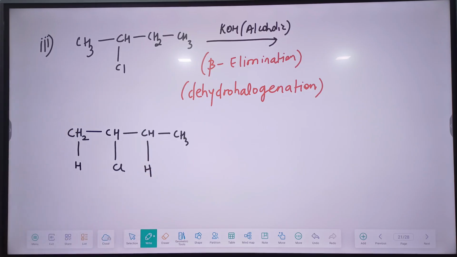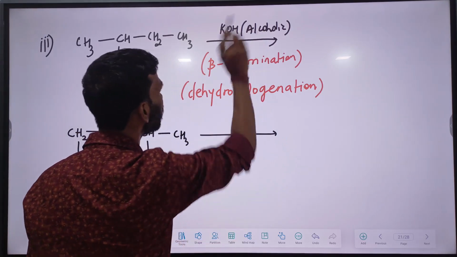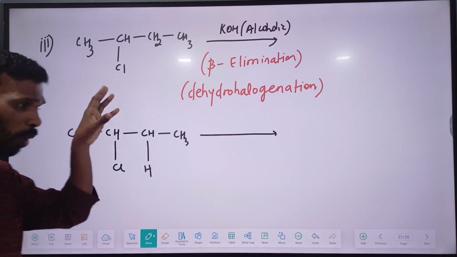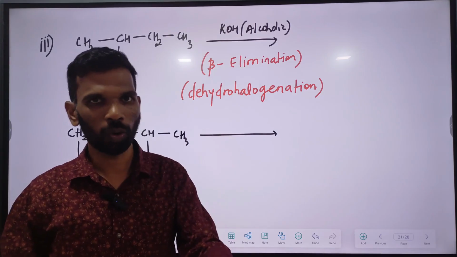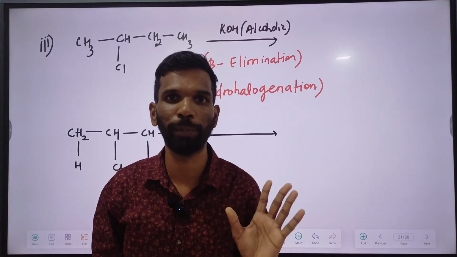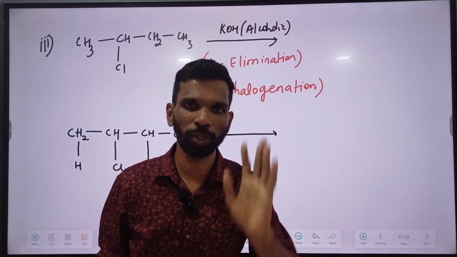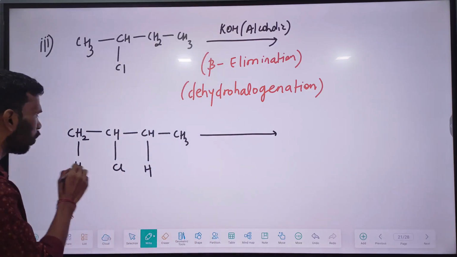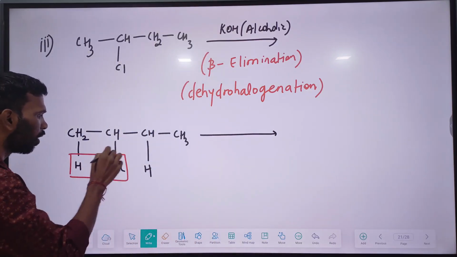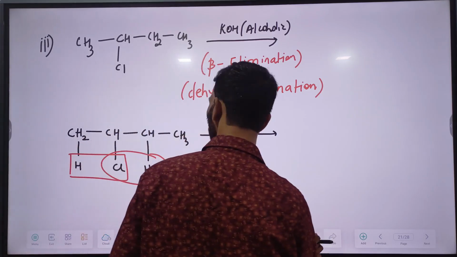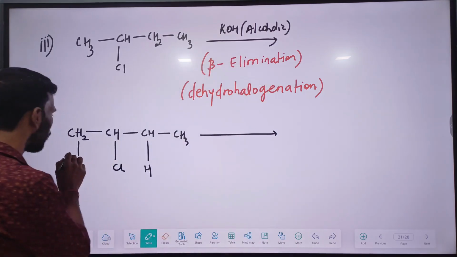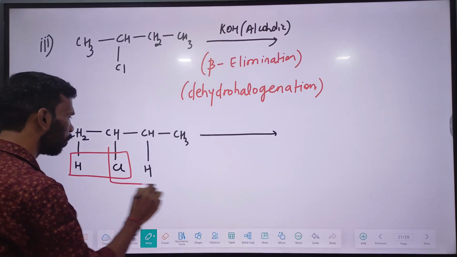Beta elimination. Understand, whenever there is alcoholic KOH or any alkali base like NaOH with alcohol, you have to do elimination. You have to remove hydrogen and chlorine. Now which two sets are you going to remove? You can remove this HCl or you can remove the other HCl. Either you can remove this or you can remove this set.